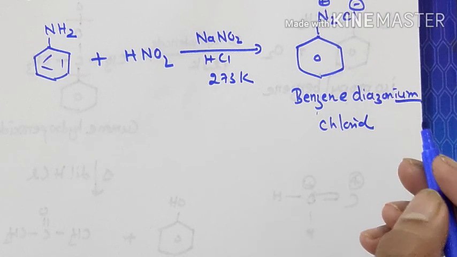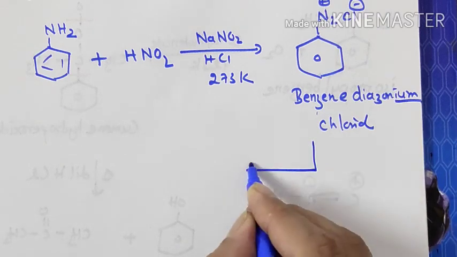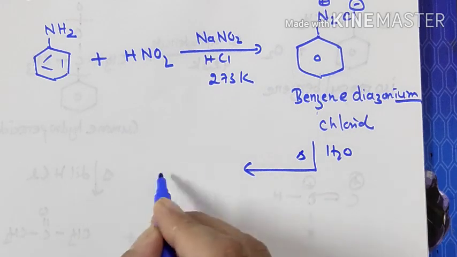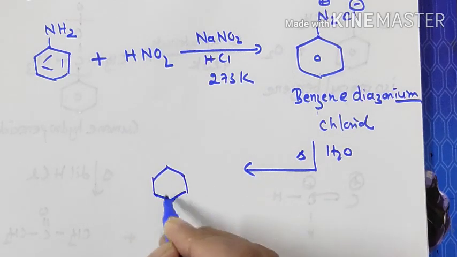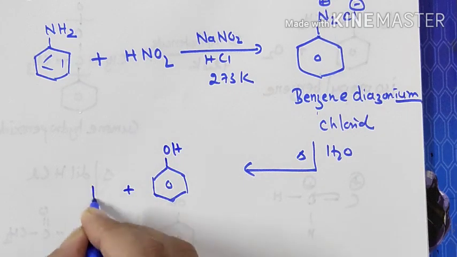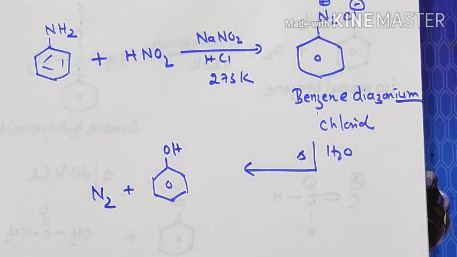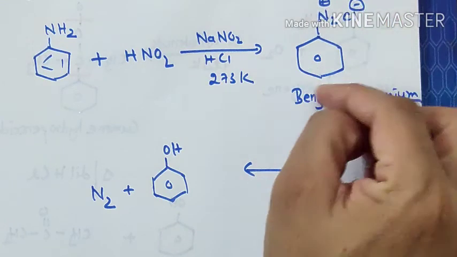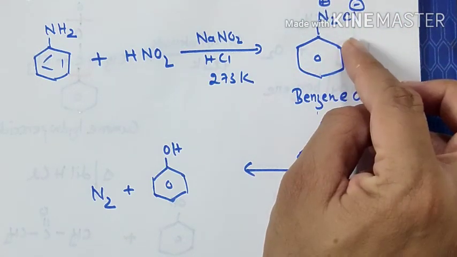Okay, now when this benzene diazonium chloride is hydrolyzed, what happened? It results in the formation of phenol, and what comes out is N2. Okay, now a small understanding which is very important over here. Understand, student, this is formed, this is not at all stable, right?